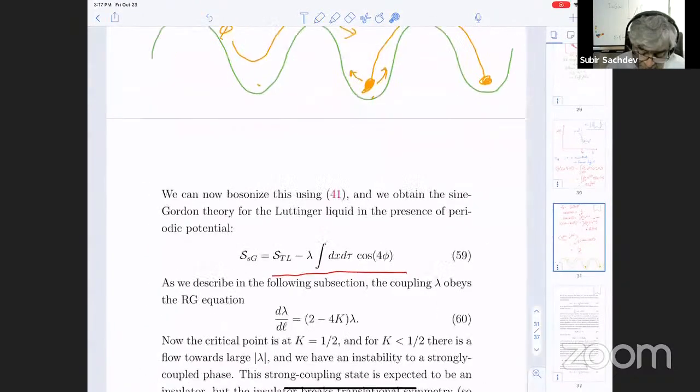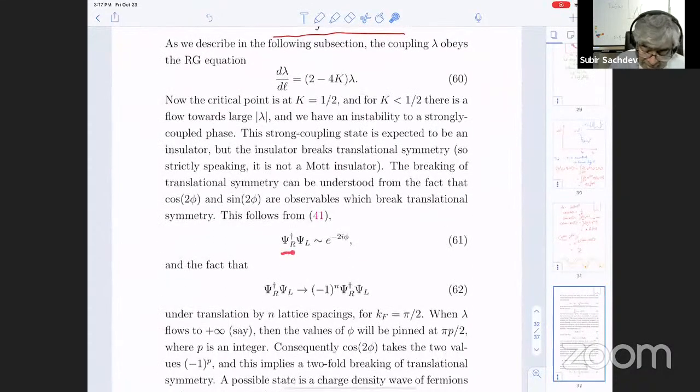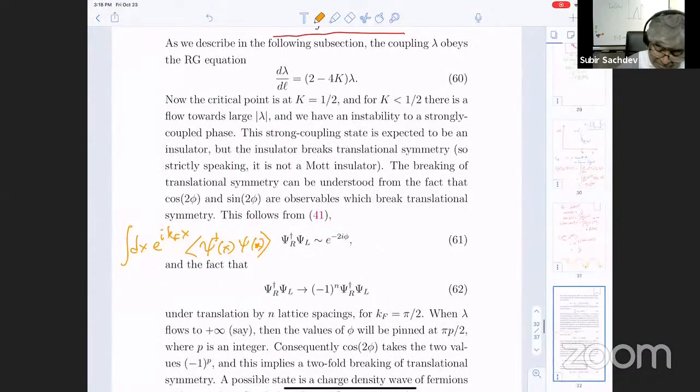And why two of them? Well, one operator that you can measure is psi dagger R psi L. That's nothing but the charge density wave operator, because if you look at the density at momentum 2kF, so if you take the Fourier transform of e to the i 2kF x times the full density psi dagger x psi x, you'll find that this is basically equivalent to psi dagger R psi L, and that from the bosonic representation is e to the minus 2i phi.